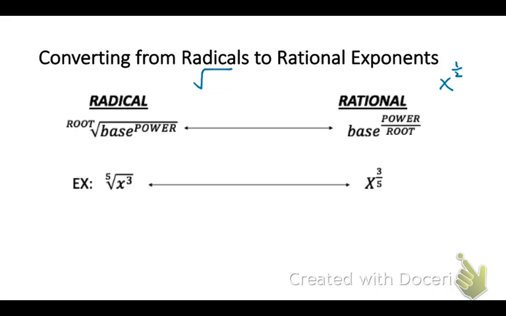So here, the 5th root of x to the 3rd power can be written in exponent form as x. I'm going to rewrite this so you can really see the exponent. So x to the power, which is 3, over the root, which is 5. So this should actually look like an exponent. So x to the 3/5 power.